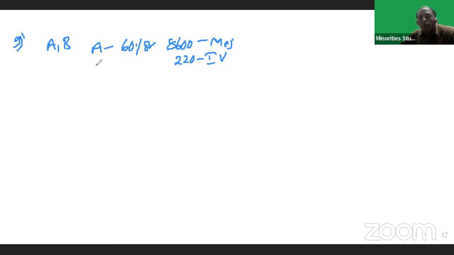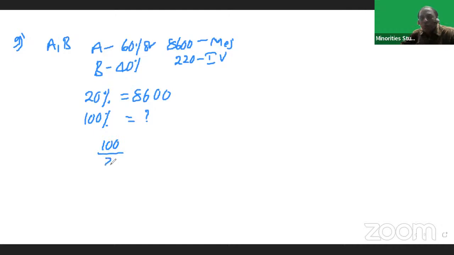So A got 60%, B got 40%. The difference between A and B is 20%. 20% is equal to 8,600. Find the 100% value. 100% is equal to down value by up value into right side value: 100 by 20 into 8,600.